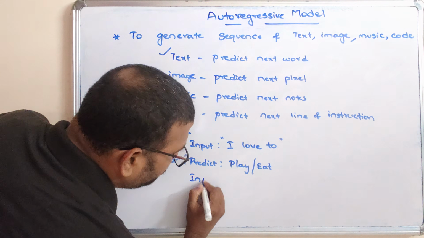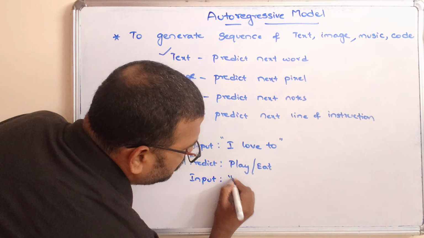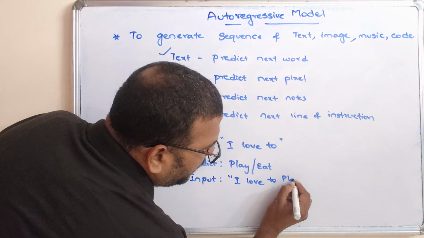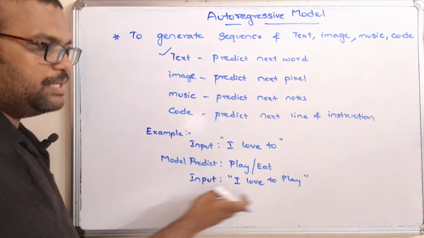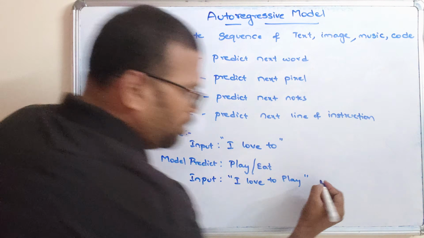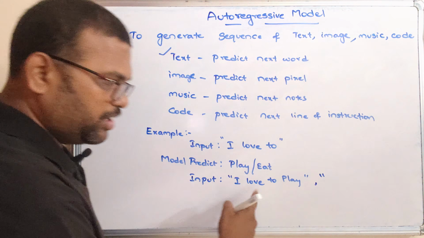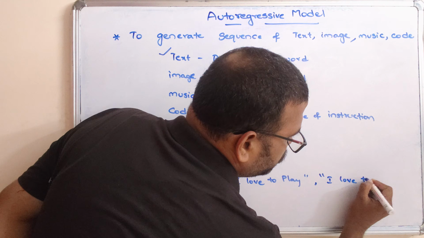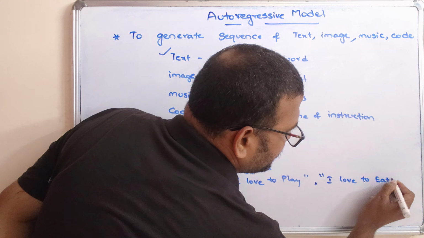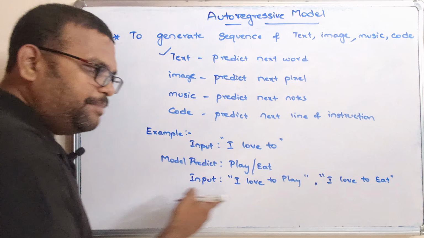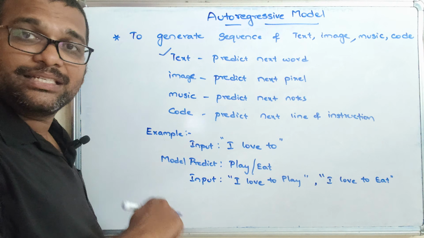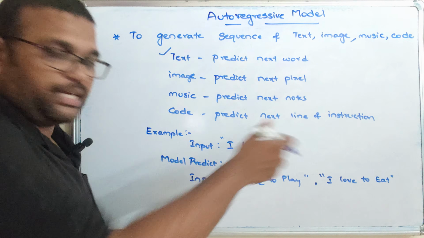And now if I give the input "I love to play", or the second possibility, "I love to eat", obviously the next sequence will be based upon the present.